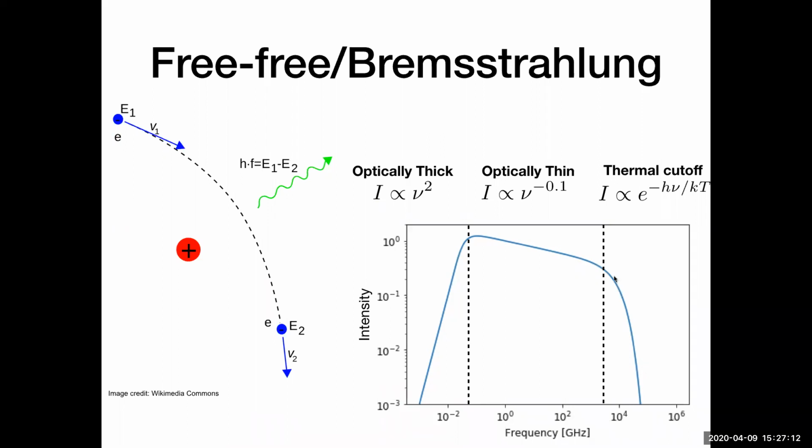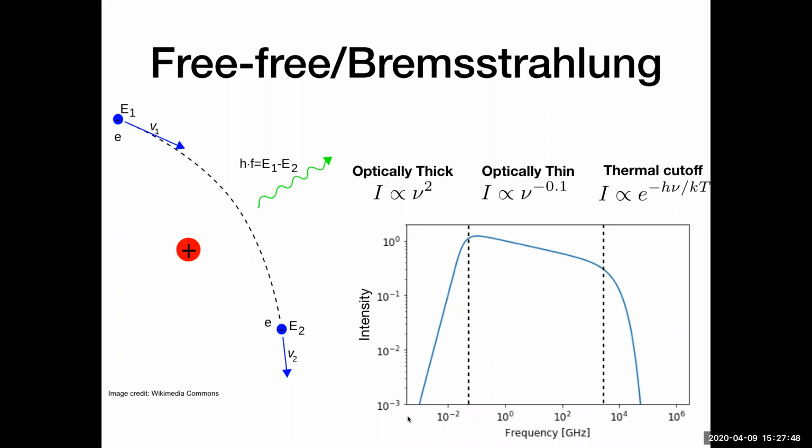The optically thin regime has a very weak frequency dependence. It has a spectral index of -0.1 nominally across a fairly broad frequency range. And the exact frequency range depends on some conditions of the plasma. I'll confess I don't know all the details. And then at some low frequency regime, it becomes optically thick, and you get a spectral index of 2. There's this effectively black body-like low frequency regime.